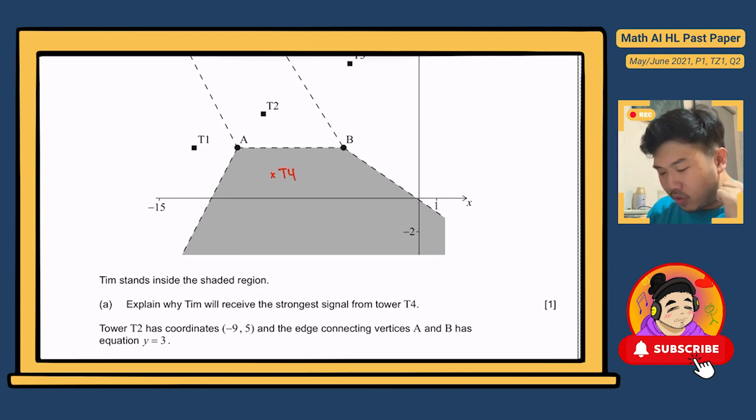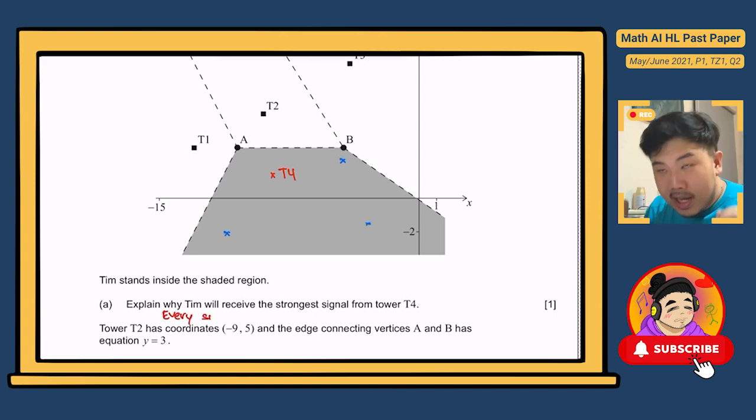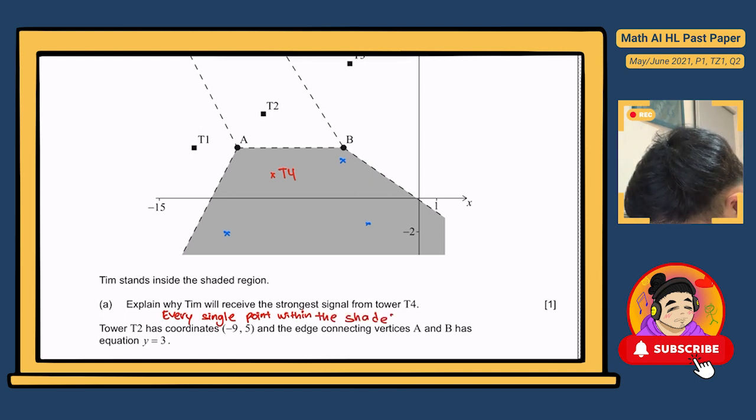Explain why Tim will receive the strongest signal from T4 when Tim stands inside the shaded region. Well, that's just how Voronoi diagrams work. It doesn't matter whether Tim stays there, or there, right? Because every single point within the shaded region is closest to T4.